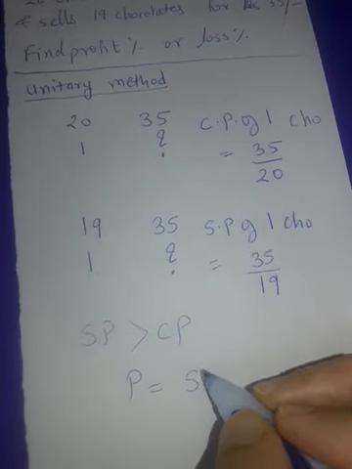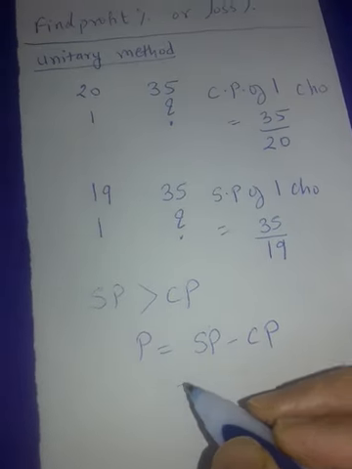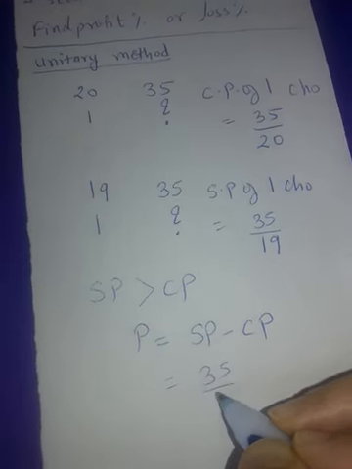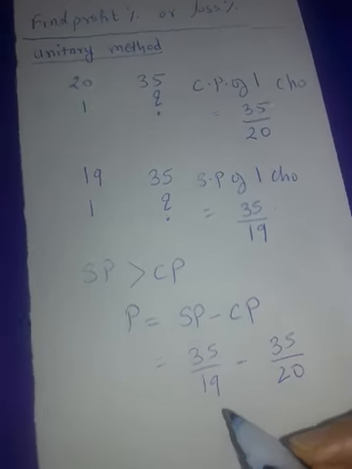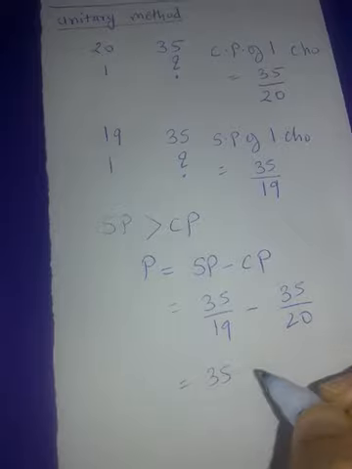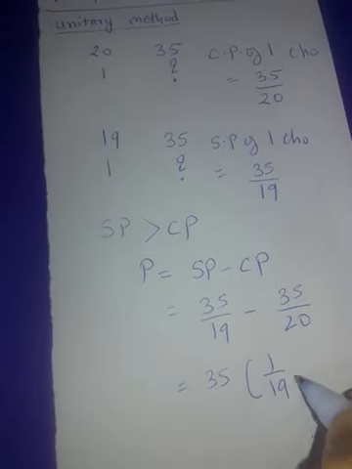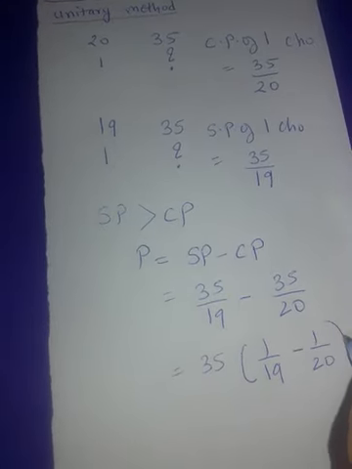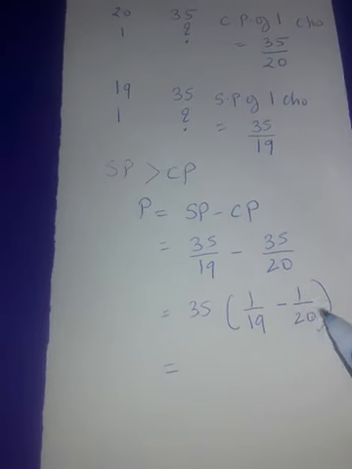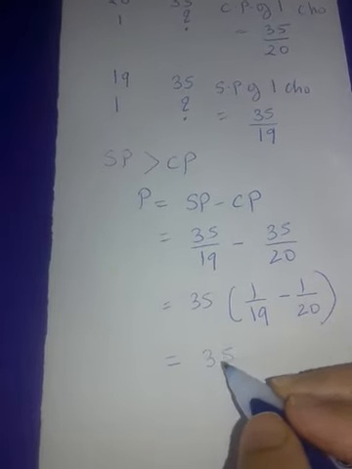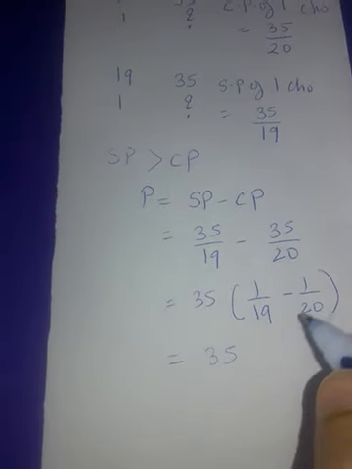Profit is how much? SP minus CP. 35 is a common factor. For this type of subtraction, here it will be 20, here 19.